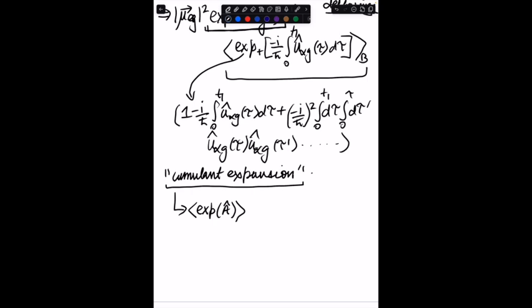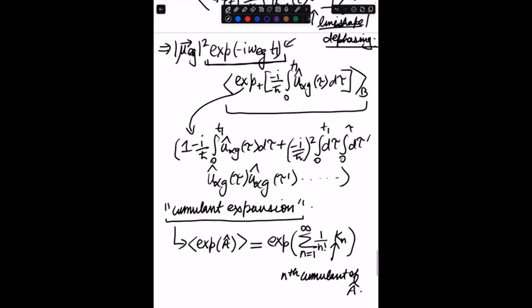So this is just some sort of ansatz, and it can be written in terms of the exponential of the cumulants of the particular operator: sum over n equal to 1 to infinity of 1 upon n factorial k_n, where k_n is the nth cumulant of this operator or observable A. So this is what we intend on doing here too.